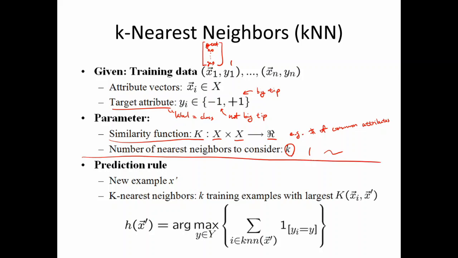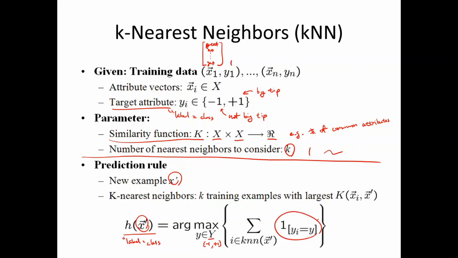And given this setup, here's how you classify a new example. Given a new example x prime, we take the vector representation of it, and we classify that label or class to whichever y maximizes the value on the right. And the possible y's in this example are just -1 and +1.